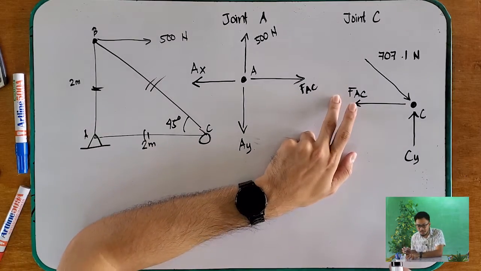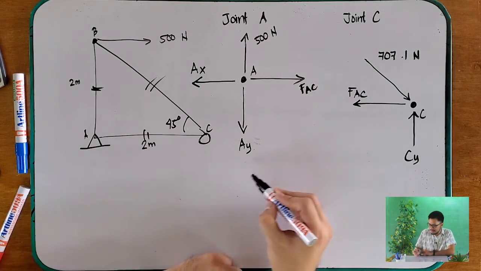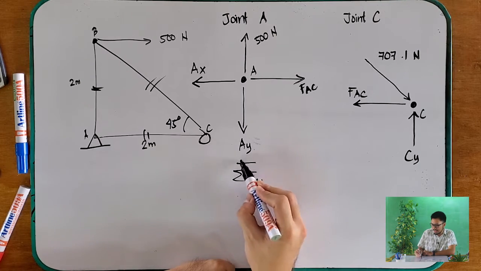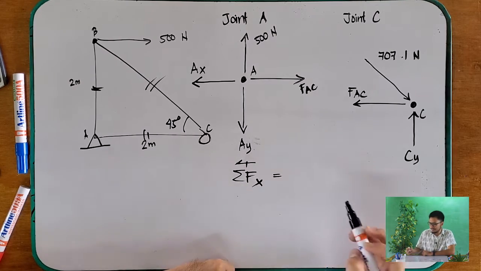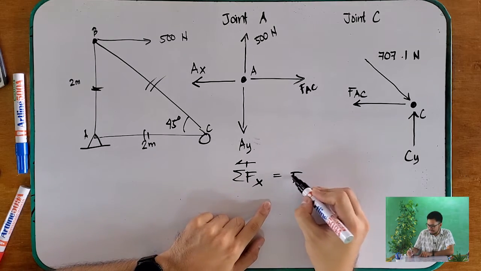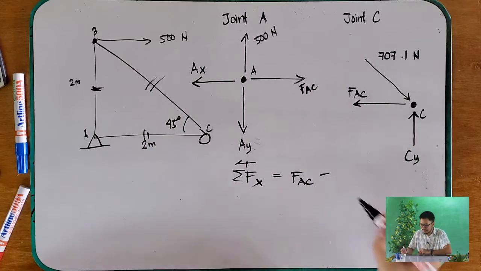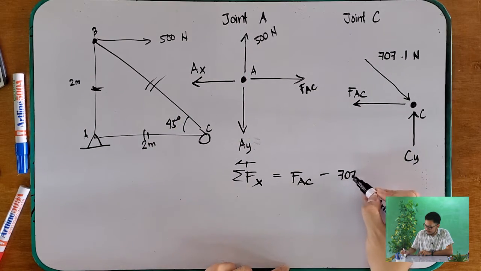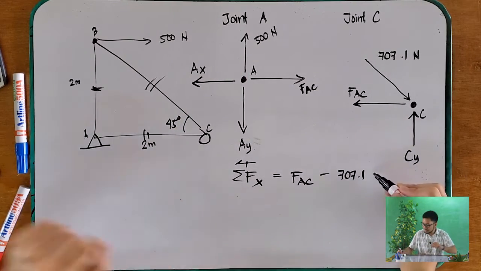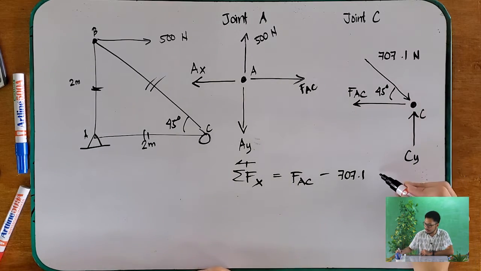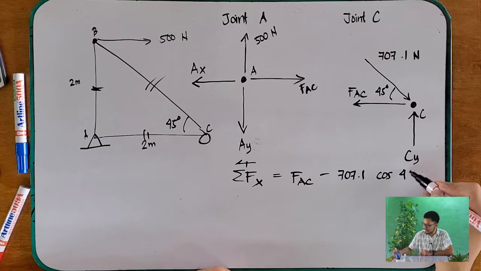So to solve again for your FAC, all you have to do is to sum the forces along the x going that direction. Positive. Which is equal to FAC minus, kay padong siya sa right, 707.1. This is 45 degrees. So that is cosine of 45 degrees is equal to 0.